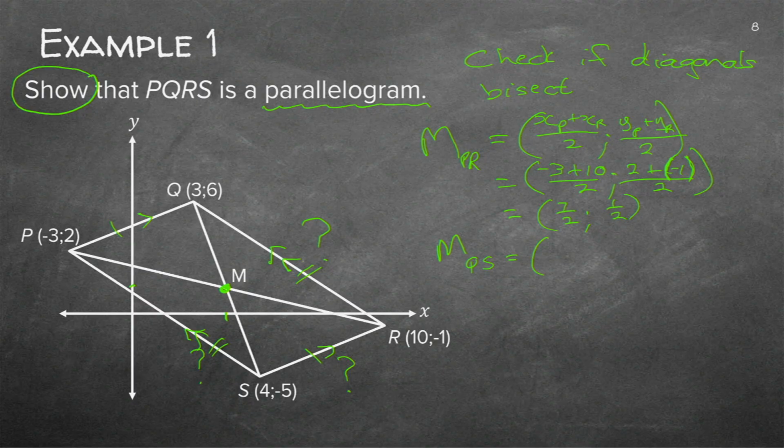So I'm going to do the same formula. X of Q plus X of S over 2, Y of Q plus Y of S over 2. And if I fill it in, X of Q is 3 plus 4 over 2. Y of Q is 6 minus 5.